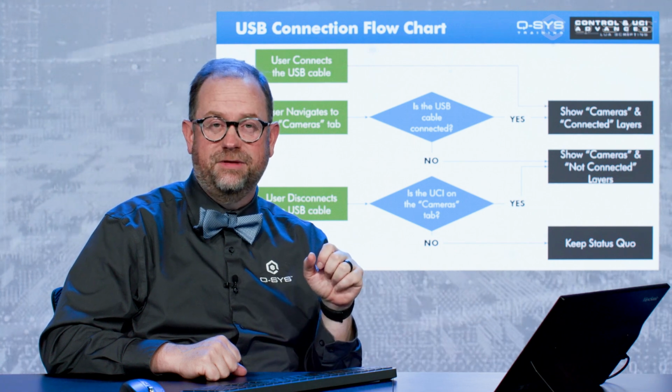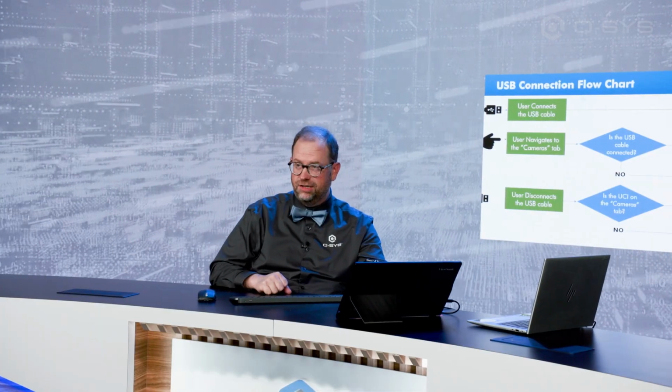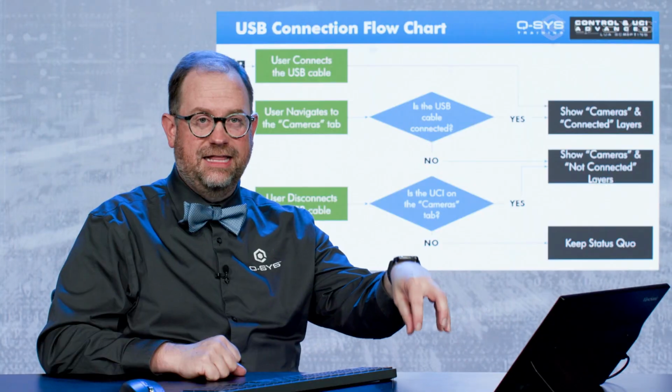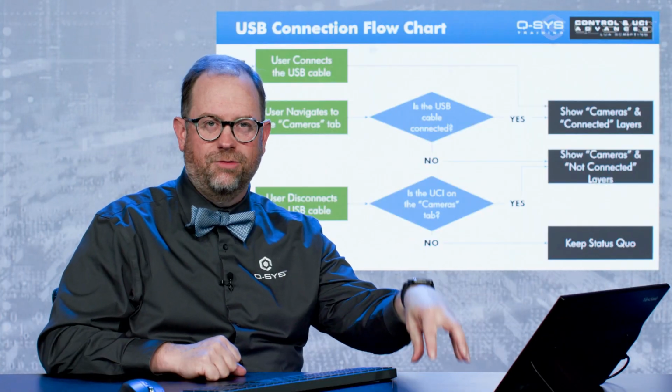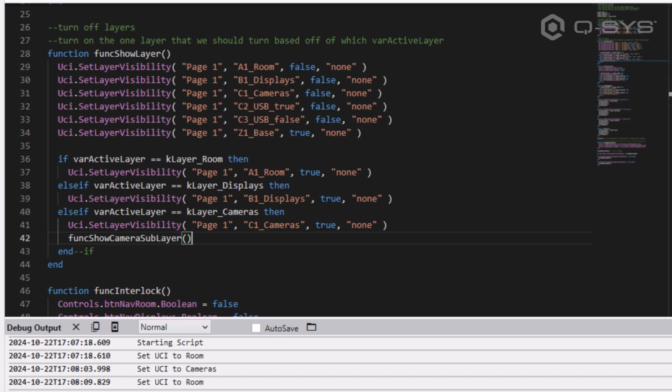It really is as simple as, if I connect the cable, make sure that the var active layer is the cameras layer, and then run func show layer, run func interlock, run func debugger. We're going to run the 3 master functions every time. It's only when we connect the USB that we need to make sure that we also land on the cameras page. Let's write the code for that event handler.